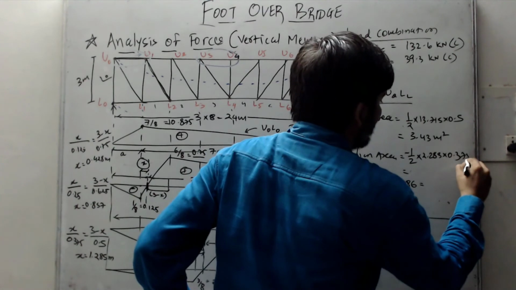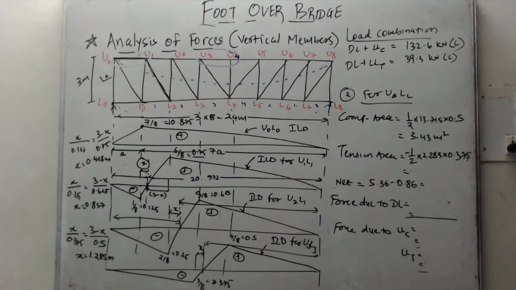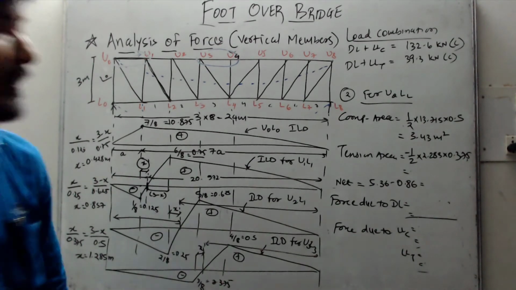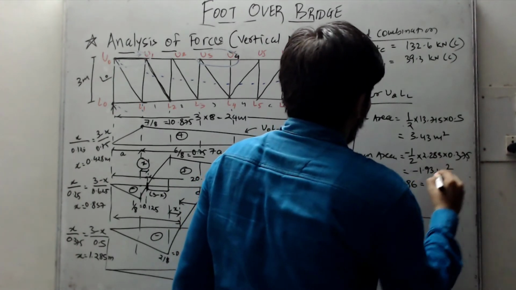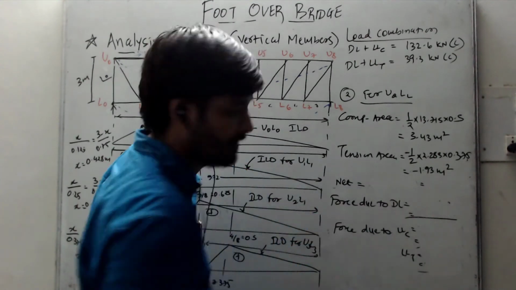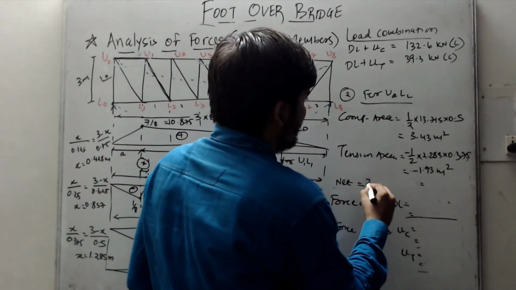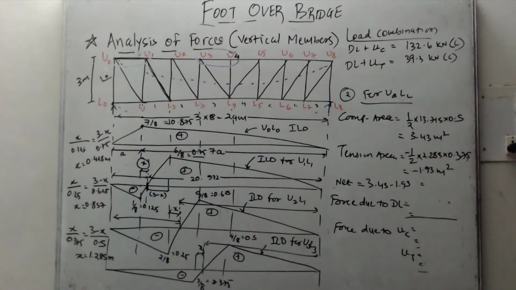So I'm getting this answer of area as minus 1.93 meter square. So I'm getting my net area. My net area will be 3.43 minus 1.93, which will give me the answer as 1.5 meter square.